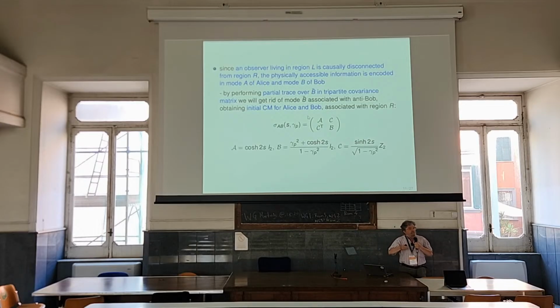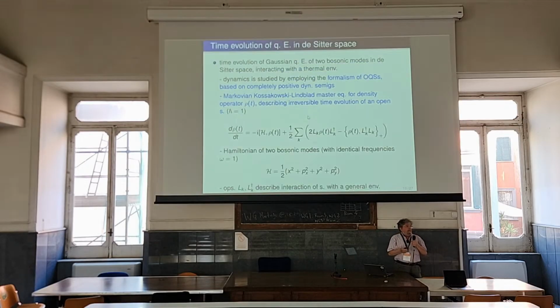These facts that I presented until now are very well known in the quantum field theory describing the de Sitter space. Now, the calculation that I made with my student consists in describing the evolution of entanglement initially existing for the two modes, Alice and Bob, in interaction with a thermal environment.